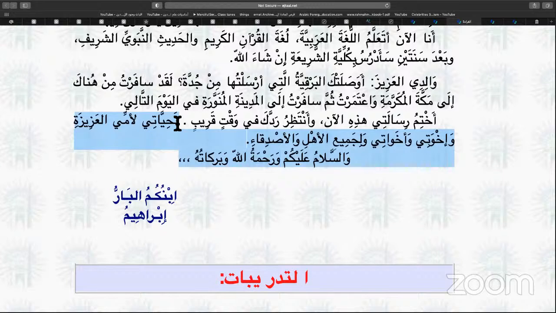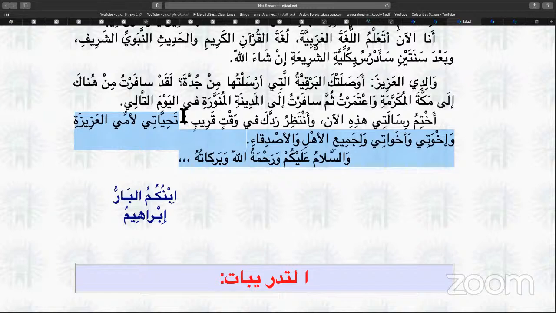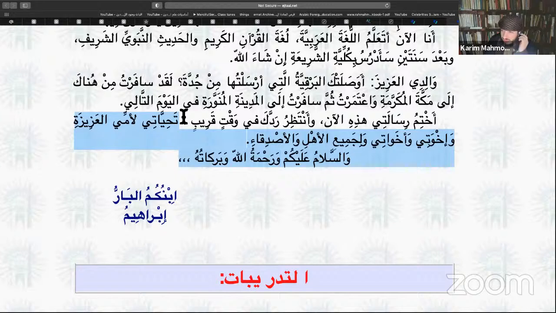And my brothers and sisters. And everyone. And everyone in the families and friends. And wassalamu alaikum wa rahmatullahi wa barakatuh. Is this the translation of Assalamu alaikum wa rahmatullahi wa barakatuh? That's how you translate it?